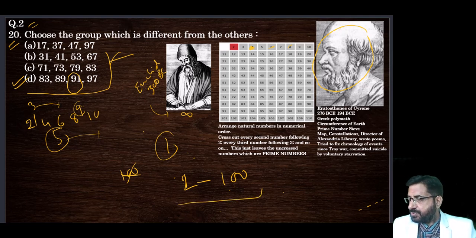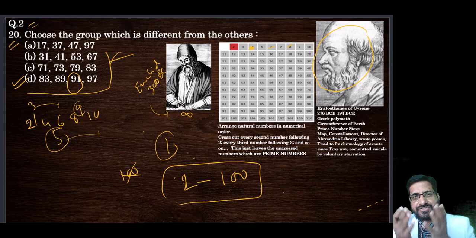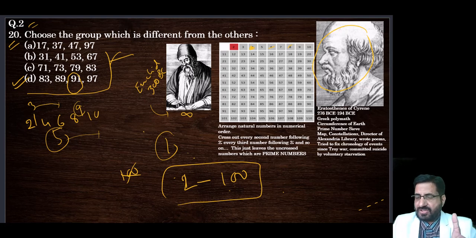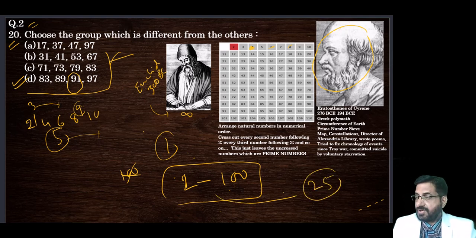So if you consider from 2 to 100, apply Eratosthenes' sieve. Put all these numbers 1 to 100, all those things are cancelled and you are left with the prime numbers. You will get around 25 prime numbers from 2 to 100. Okay. So this is how you have to find them.